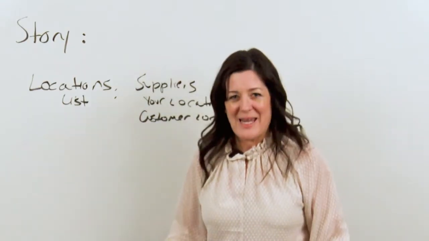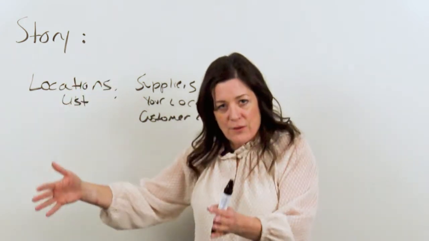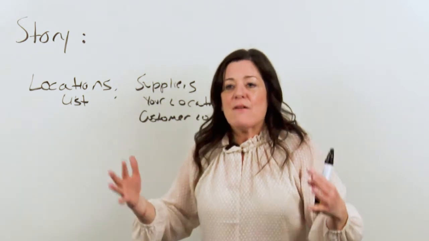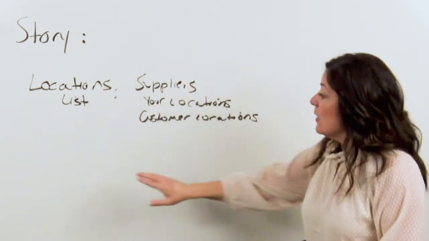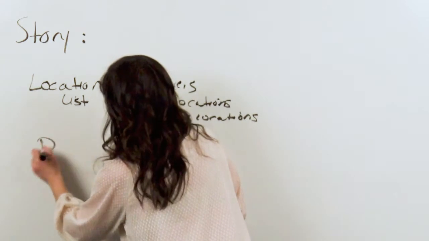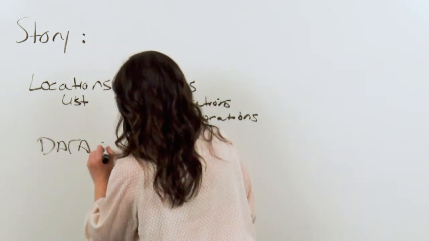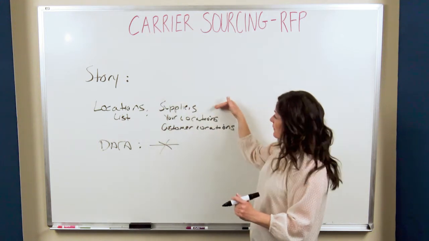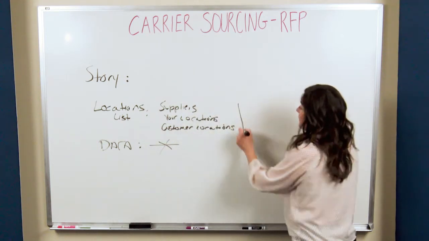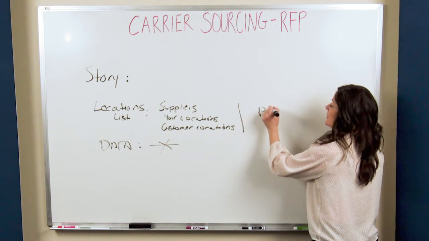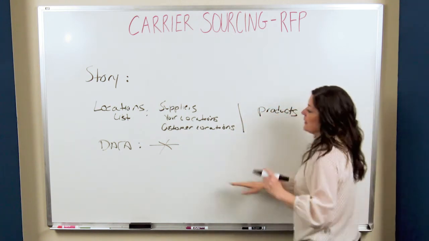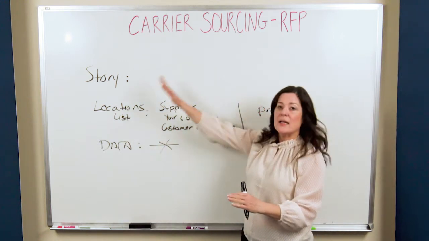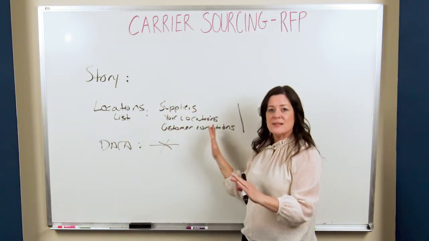And I know we talk about this a lot, but this is critical because supply chains are really complicated. So if you can spell these out for them in steps and make it visually easy for them to read, they have that much better an understanding when it comes time for the next step, which is you're going to share the data, right? So if you tell your story, you give them your locations, maybe even a list of your products, then they get to the individual shipment data and they've got a good idea of the company, the organization.